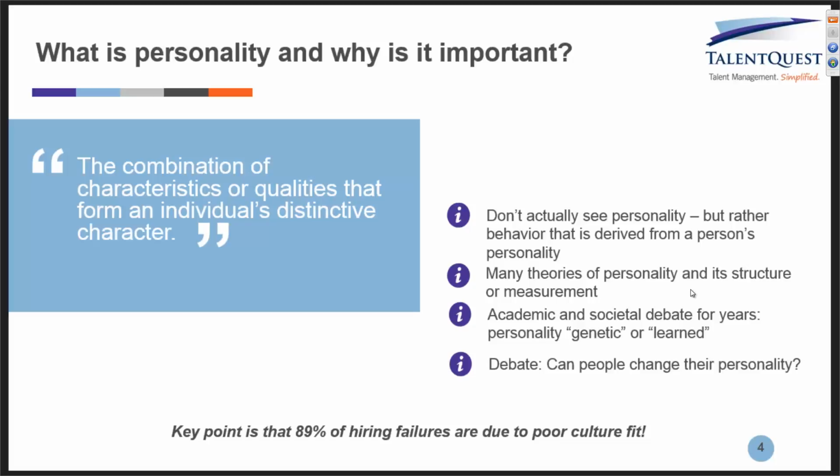But in actuality, I may just be shy. So you're seeing my behaviors that are derived from my personality. Me being withdrawn and keeping to myself and maybe not socializing with the group is just a byproduct of me being naturally shy, as opposed to being arrogant or antisocial.